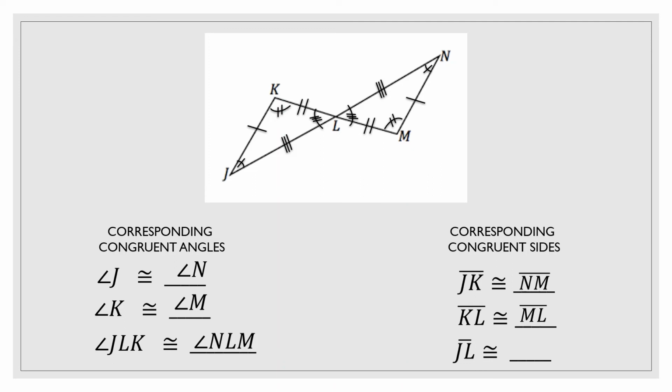So therefore, we can now say that JL is congruent to NL. Okay? Ngayon, dahil kumpleto na ang ating mga corresponding parts, the corresponding angles are congruent, the corresponding sides are congruent, so we can now say that the two triangles are congruent. So triangle JKL is now congruent to triangle NML.